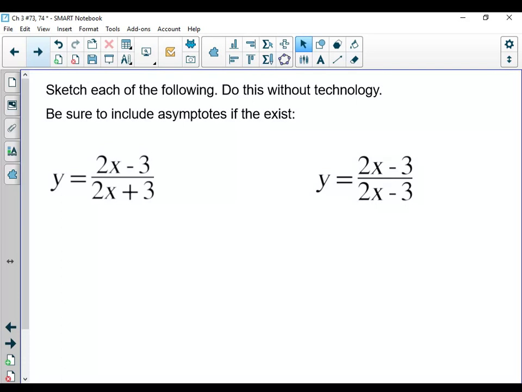The first one is y equals 2x minus 3 over 2x plus 3. The second one is y equals 2x minus 3 over 2x minus 3.